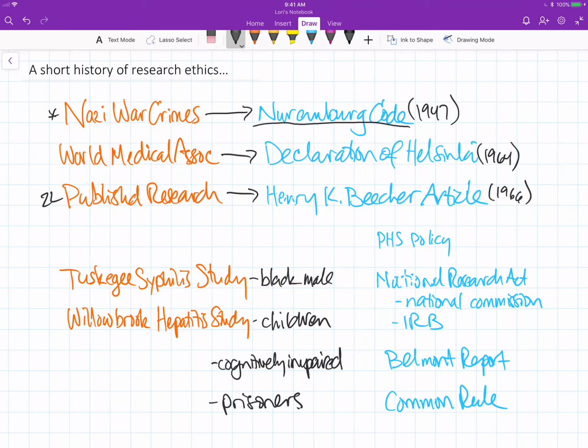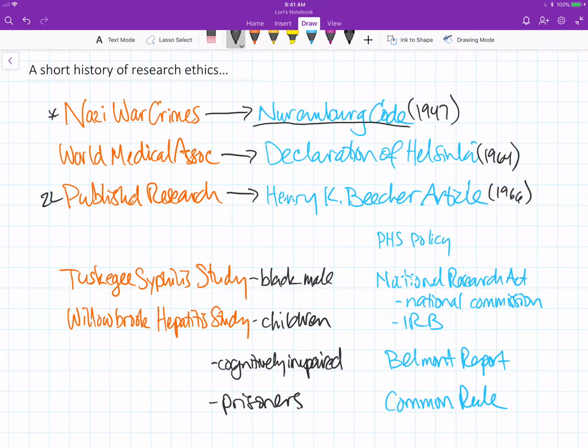And then there were several different studies that came into the public light in a fairly short period of time. The Tuskegee syphilis study was a study of syphilis among black males. It was conducted from 1932 to 1972, and during that time, in the late 1940s, treatment became available for syphilis.